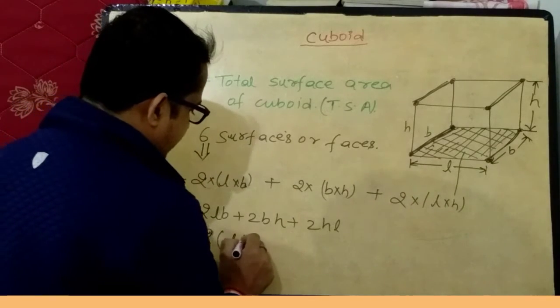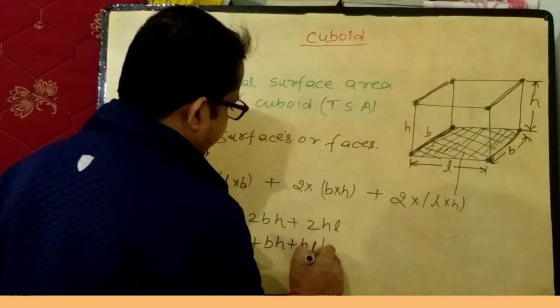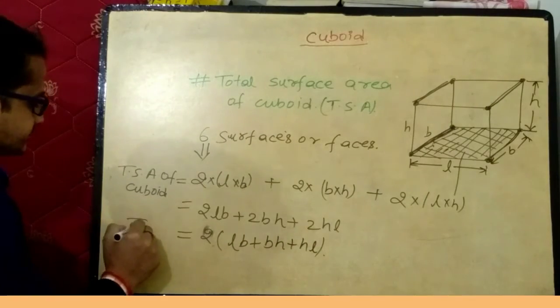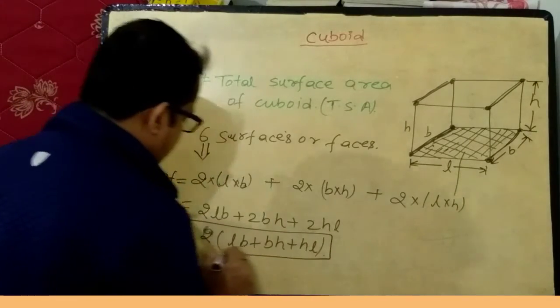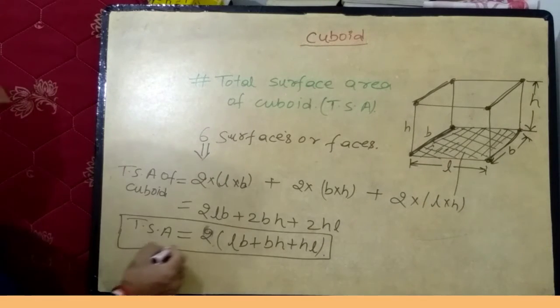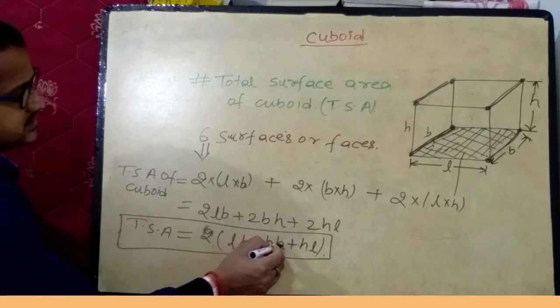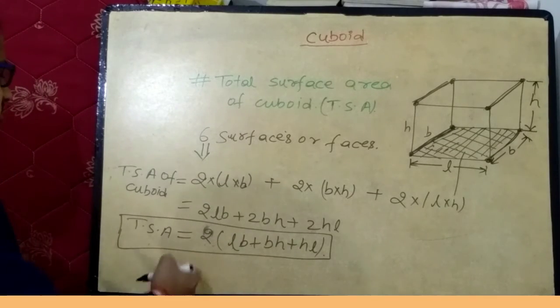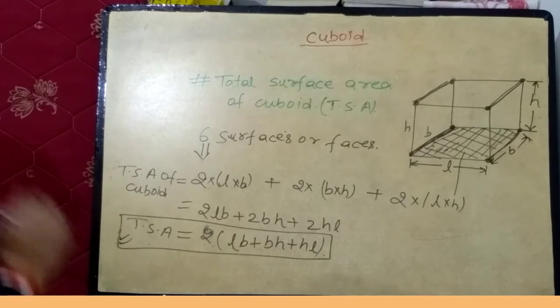What will remain? LB + BH + HL. So this is the formula to calculate total surface area of a cuboid: 2 into (LB + BH + HL). By using this formula you can calculate total surface area of a cuboid.